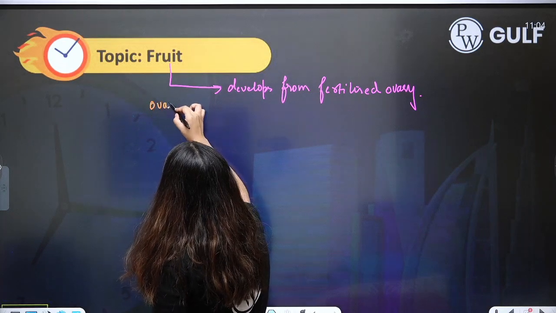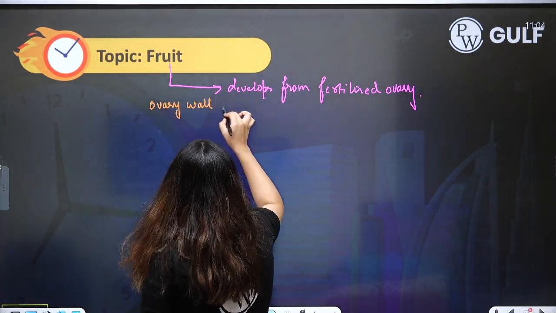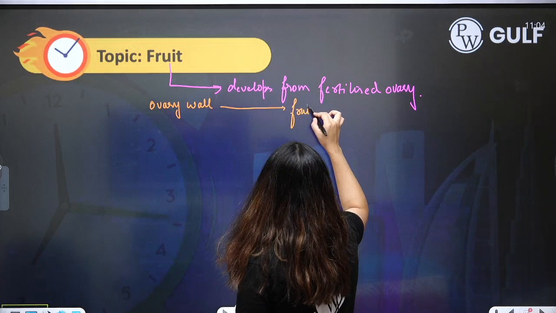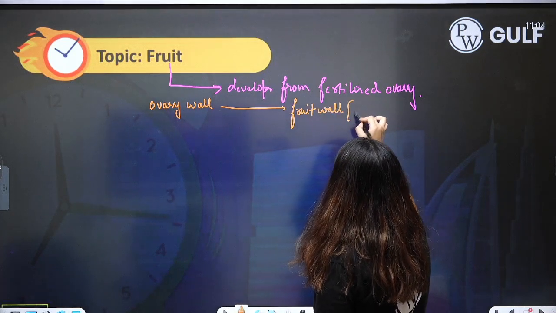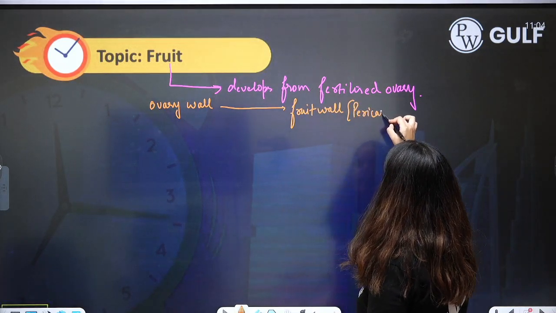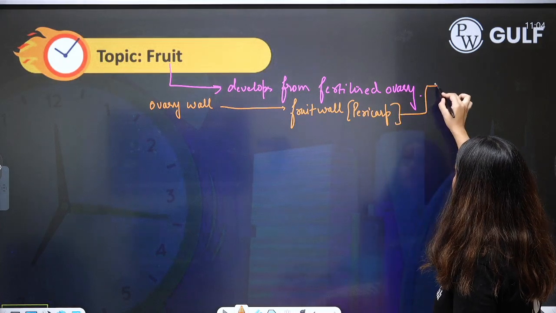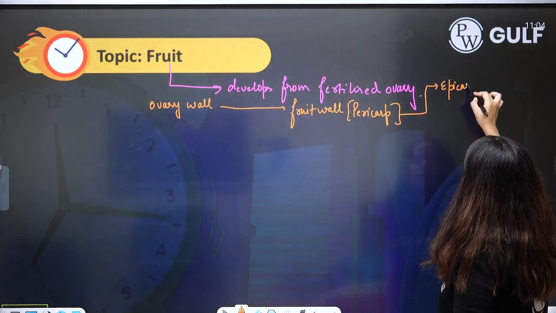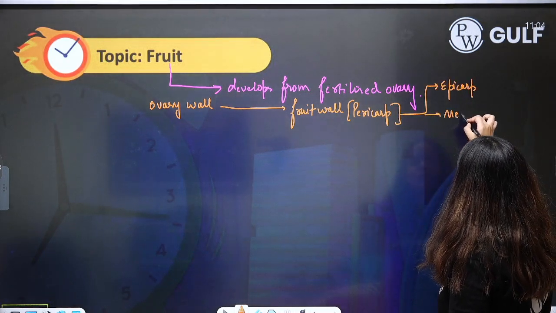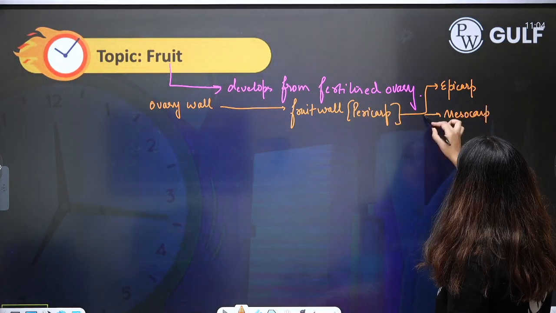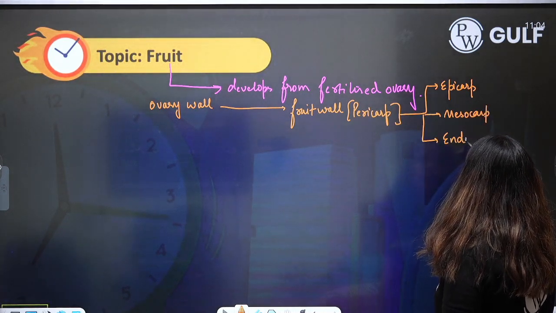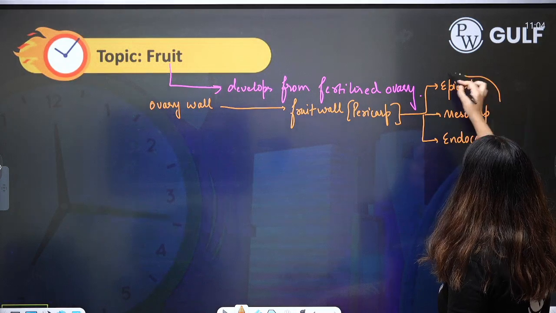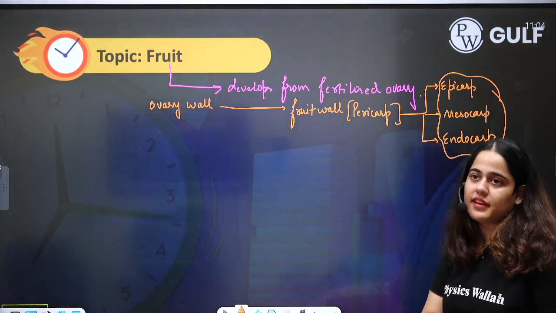The ovary wall becomes fruit wall. Fruit wall is known as pericarp. Pericarp has 3 layers: epicarp, mesocarp, and endocarp. So the wall of fruit has 3 layers.